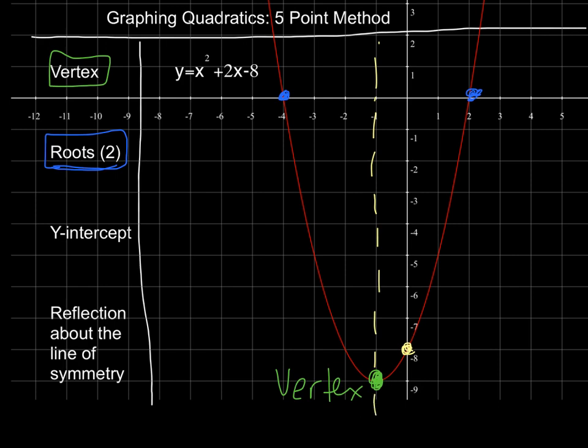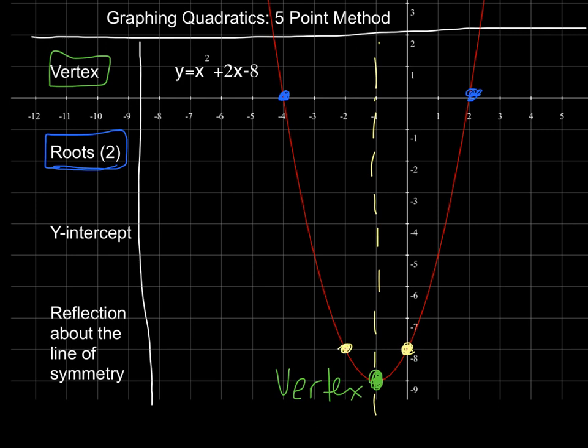So if you notice that the left side of this parabola is the same distance away from my yellow line as the right side. This blue square is 1, 2, 3 squares away. This blue square is 1, 2, 3 squares away. So this line right here is called the line of symmetry. So there's always going to be a point opposite your y-intercept the same number of boxes away.